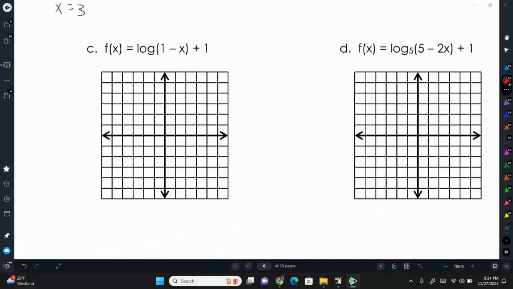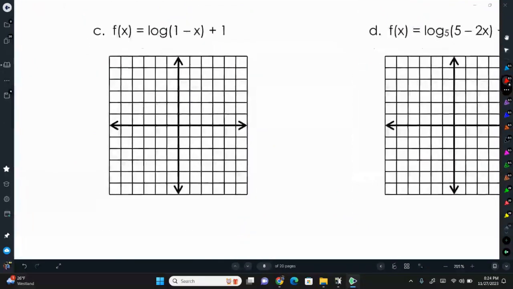All right, now let's look at this one where we have log with no base. So let's remember, really that's log base 10 of 1 minus x plus 1. So for our domain, we're going to set the inside greater than 0. So then if we subtract 1 from both sides, or we could add x to both sides, that might be a little bit better.